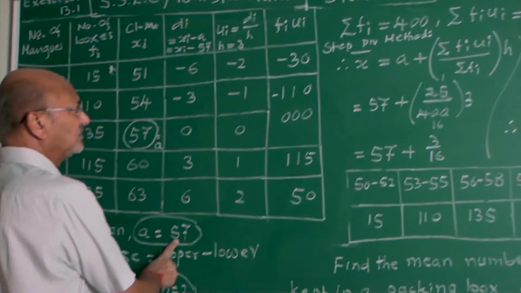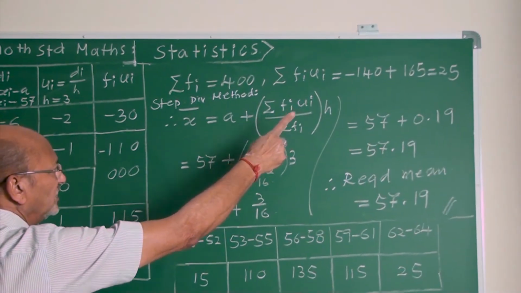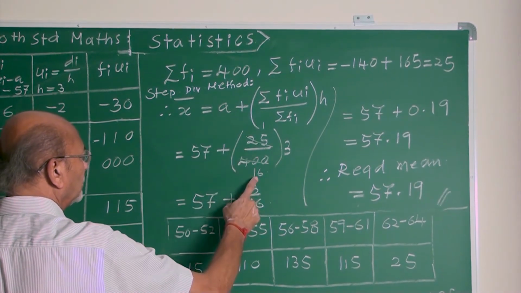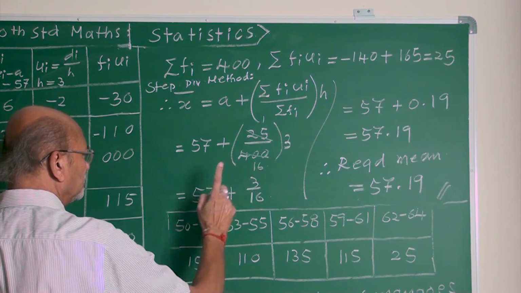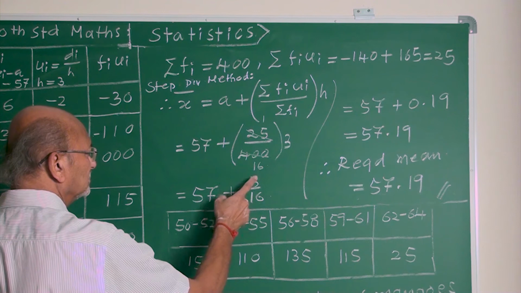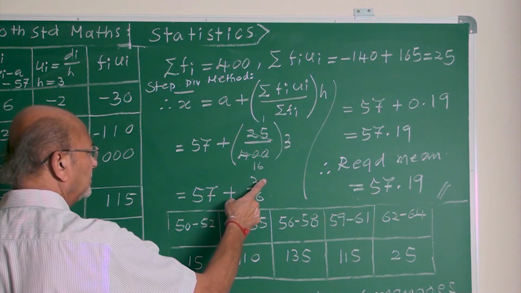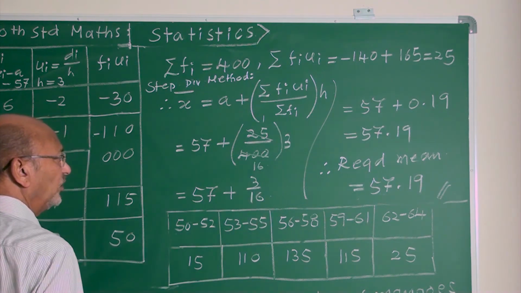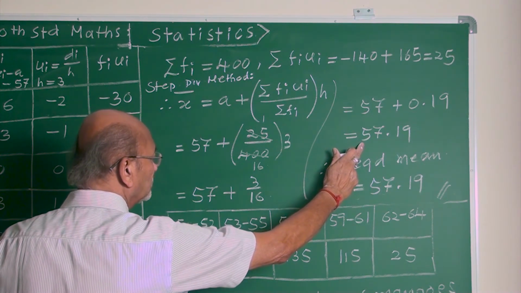Sigma fi ui is 25, upon sigma fi is 400, into h is 3. This is 57 plus 75 upon 400, which is 3 upon 16. This 3 upon 16 is nothing but 0.19. Therefore, your X bar is 57.19.